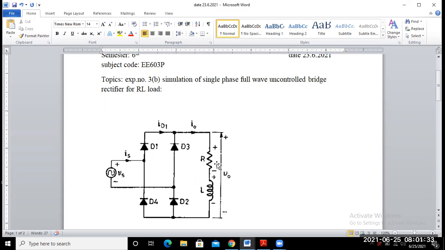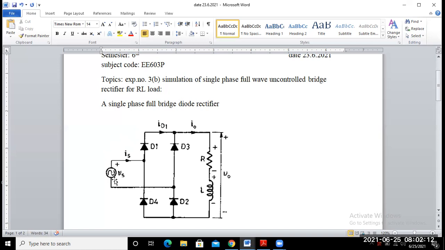A single phase full bridge diode rectifier is supplied from a supply voltage of 230 volt, which is already selected in the simulation lab for single phase.